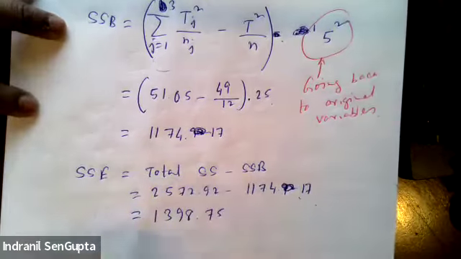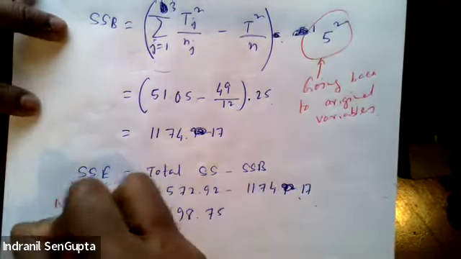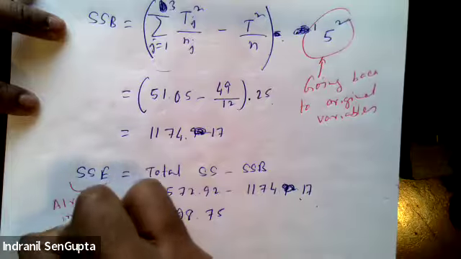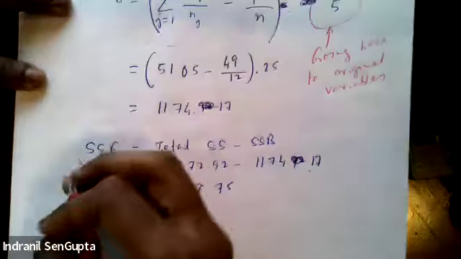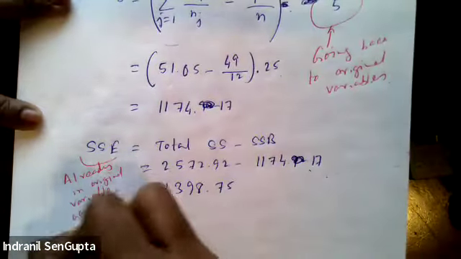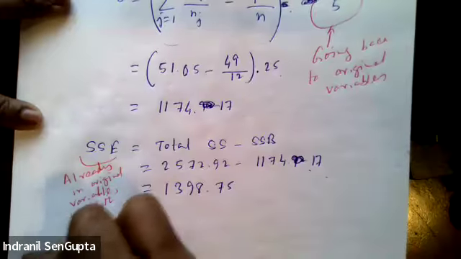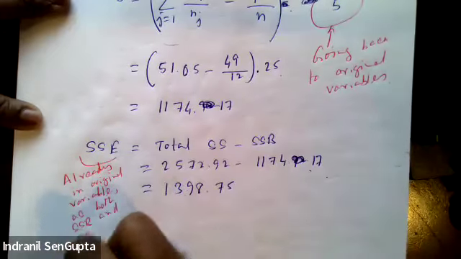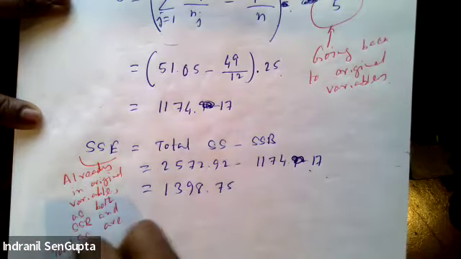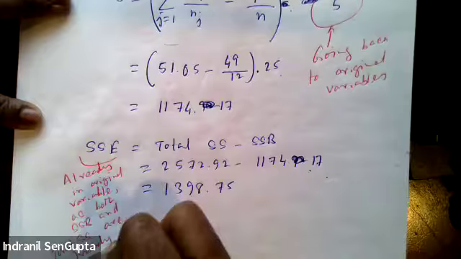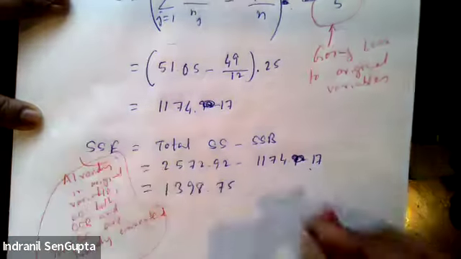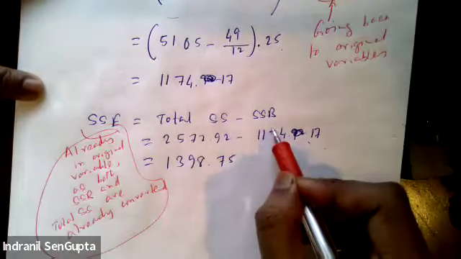This is already in original variables, as both SSB and total SS are already converted. What I mean is you don't need that 5 square factor here.